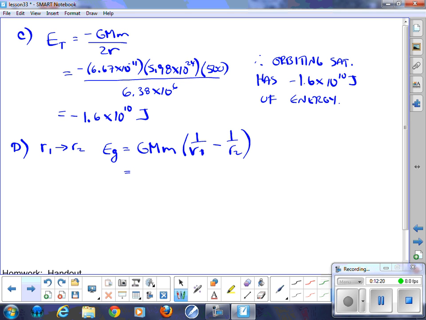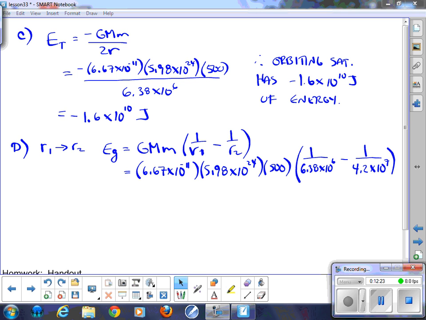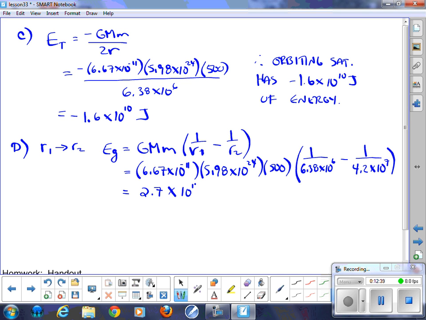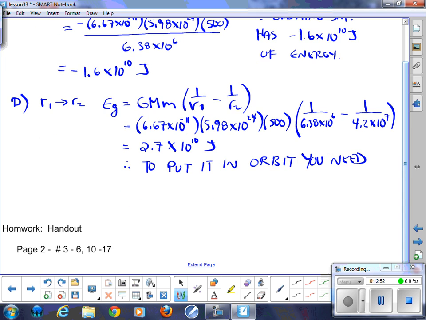So substituting in all our values, we have G times capital M times m, and then R1 is the radius of the Earth, R2 is the orbital distance. Calculating that, we get 2.7 times 10 to the 10 joules. So therefore, to put it in orbit, you need 2.7 times 10 to the 10th joules.